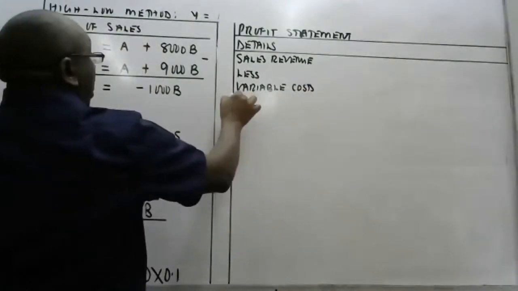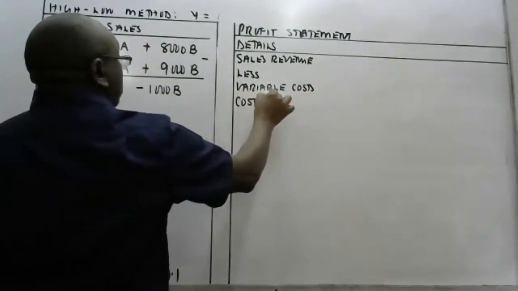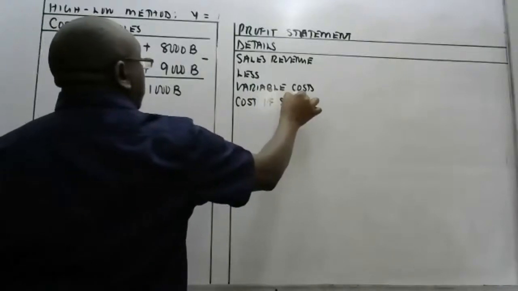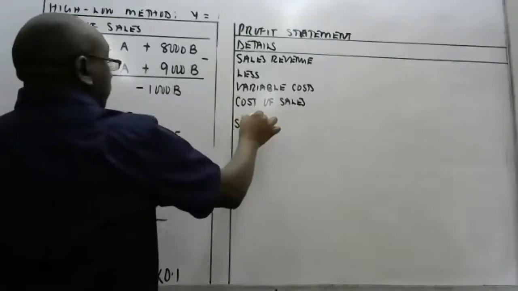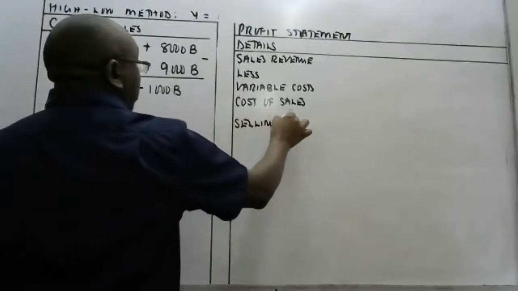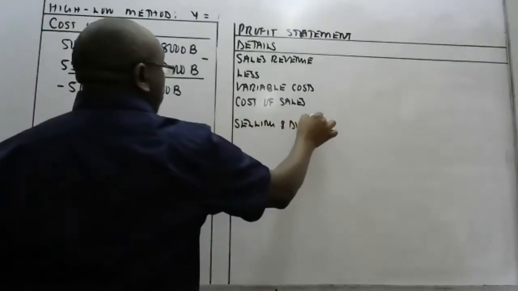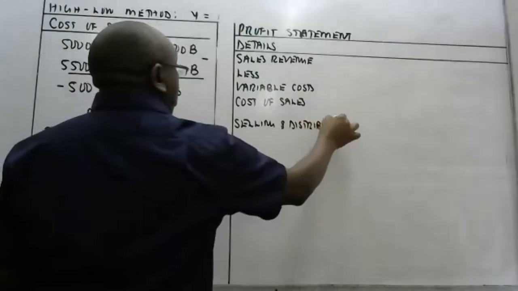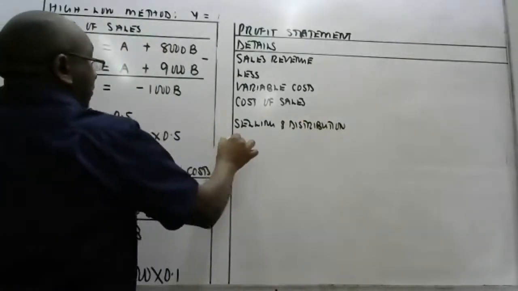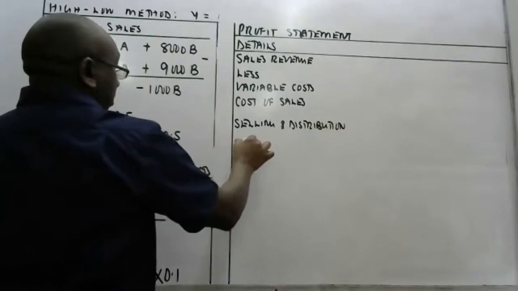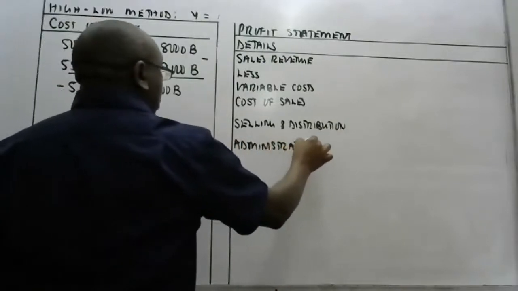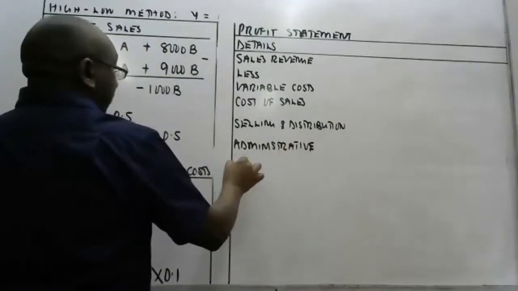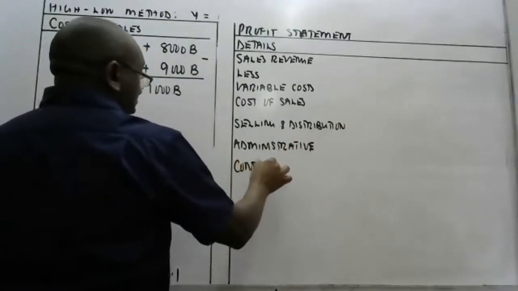Variable costs, I have cost of sales, selling and distribution, and administrative. That will give us a figure called contribution.